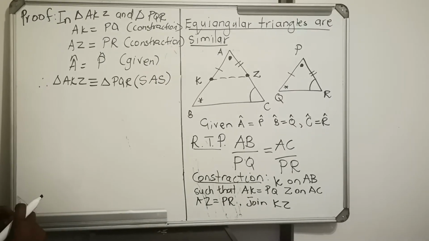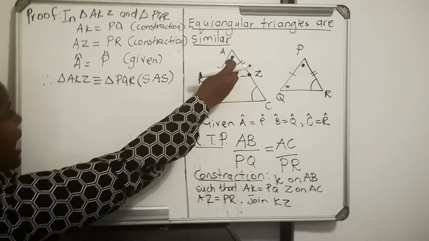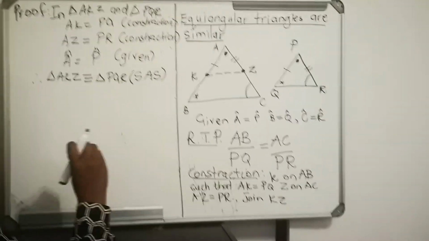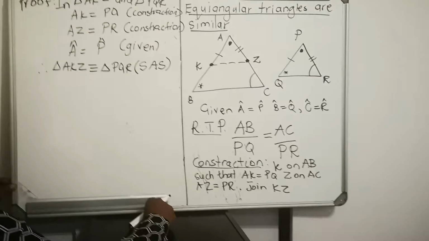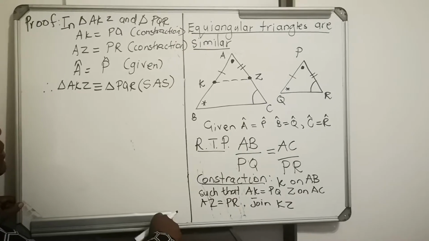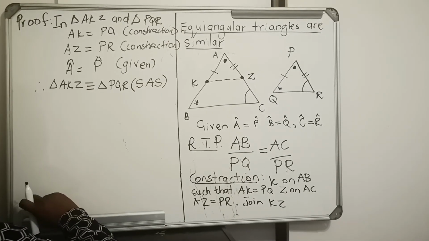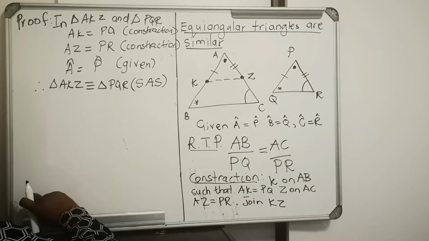Now, why is that important? If our triangles are congruent, then we can say things are equal from the two triangles. Now, we need to prove the second part. The second part, we need to prove that lines are parallel.